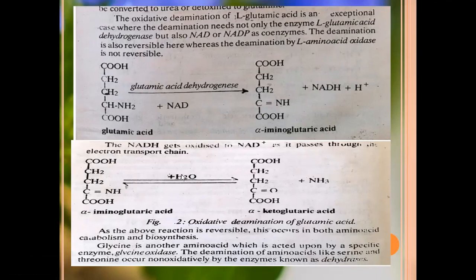That process is called hydrolysis. Alpha iminoglutaric acid is involved in the hydrolysis reaction to form alpha ketoglutaric acid and one ammonia group. See, the ammonia group is eliminated from the glutamic acid with the dehydrogenation and hydrolysis process.